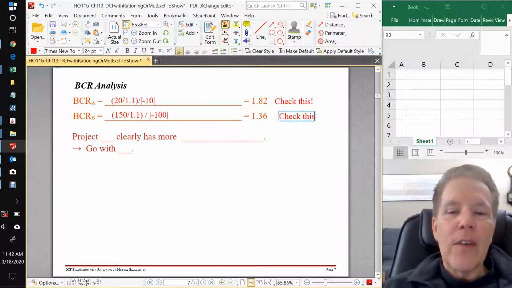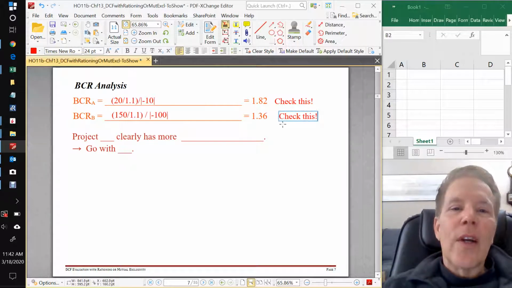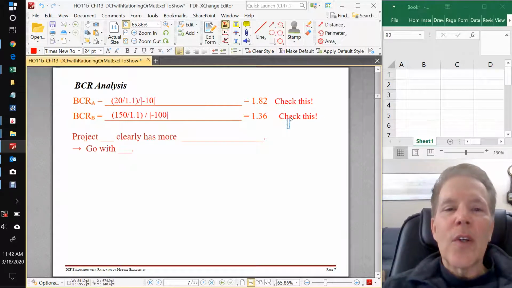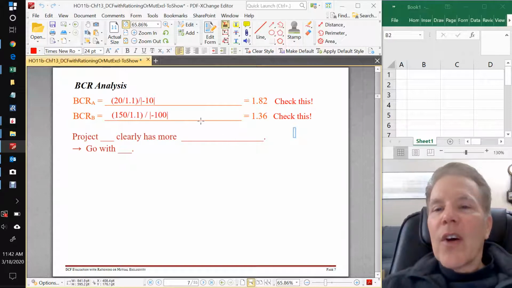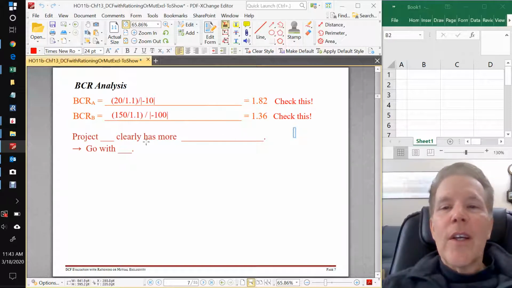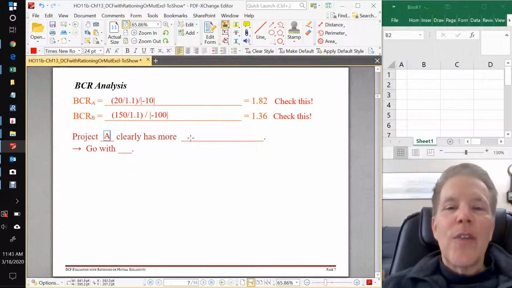This is the best way to understand what's going on in the homeworks, the best way to start studying for exam 2. Everything we do in class, just see if you can do it from scratch and get the same answers. Okay, so which one looks better? Definitely project A. And what do we say for BCR?